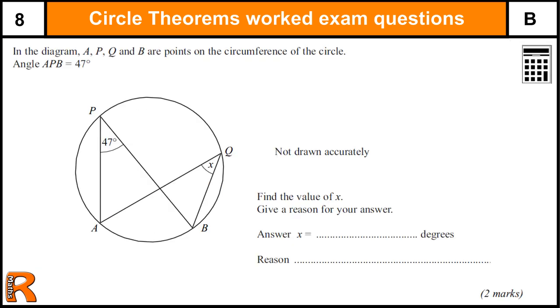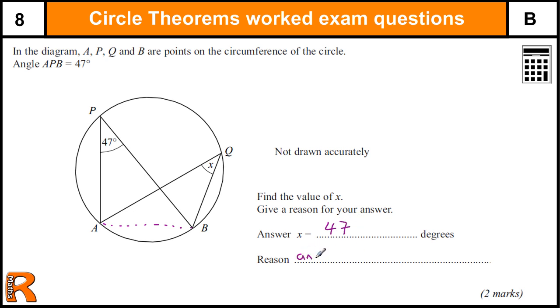Okay, another question. Have a go at this one. Okay, we've got lots of words telling us stuff about this, but we can see this straight away. We've got a chord here, two angles formed from the chord, and they must be equal. So we write that down.